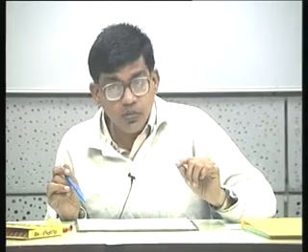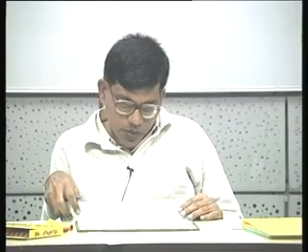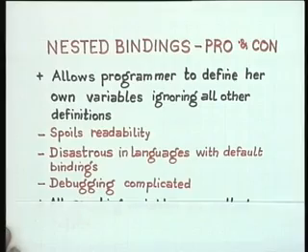If you disallow nested bindings, that programmer would have to know all the global names before deciding what new names to use locally, which can be quite a task. It means the entire programming team should first decide the names for various global variables, and in a really large software project, that can be a constraint rather than a facility.